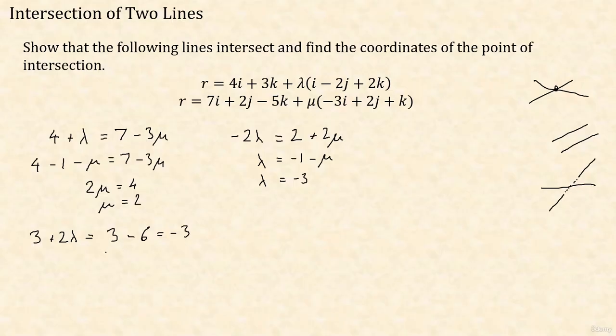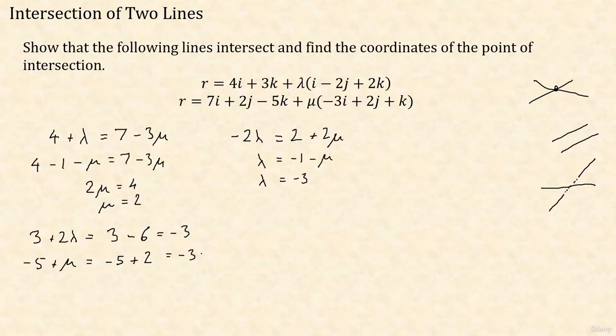If I now try for the second line, its k-coordinate is minus 5k, so minus 5, and then it's mu times positive k, so that is just plus mu. So using our value of mu, that's negative 5 plus 2, and that is also negative 3. So the fact that these two are the same confirms that the lines do intersect and that is their k-coordinate.